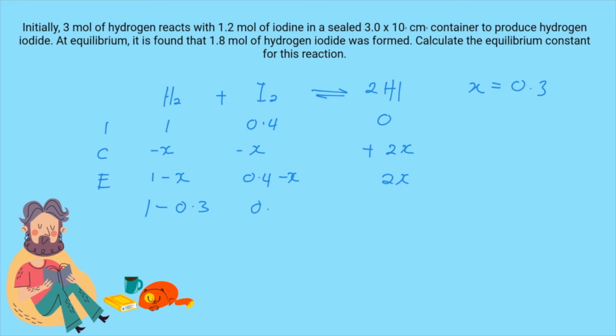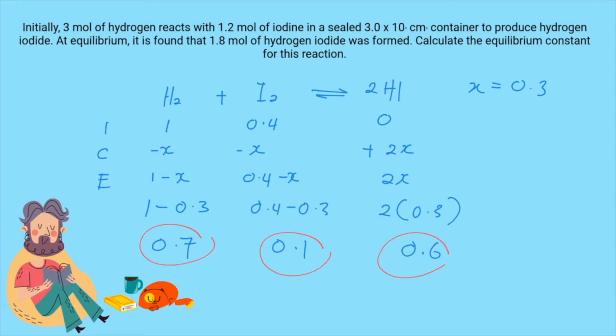So this one is 0.4 minus 0.3, and this one is 2 times 0.3. So definitely this one is 0.6. So this one is 0.1, and this one will be 0.7. So from here, since we already have all this value at equilibrium, we can definitely calculate your Kc. Your Kc is whatever in the product, which is HI.